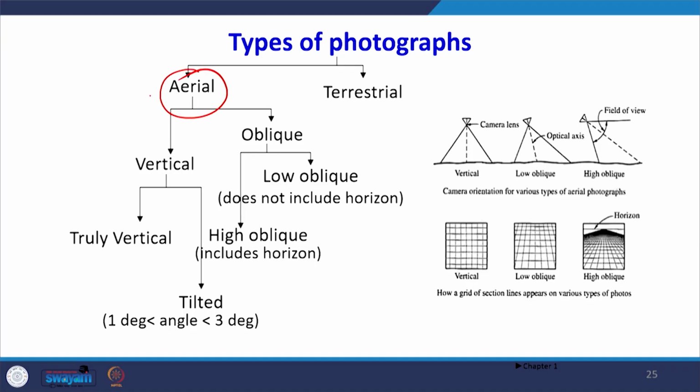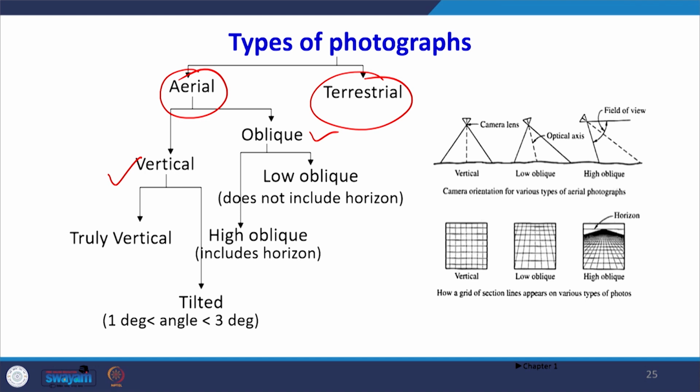If you look at this diagram, it further gives the classification. So we have the aerial photographs, we have the terrestrial photographs. Under aerial photographs we have further subdivisions. One is the vertical photograph, another is the oblique photograph. As the name itself suggests, in one case the camera axis is vertical, in the other case the camera axis is oblique, inclined with the vertical line.